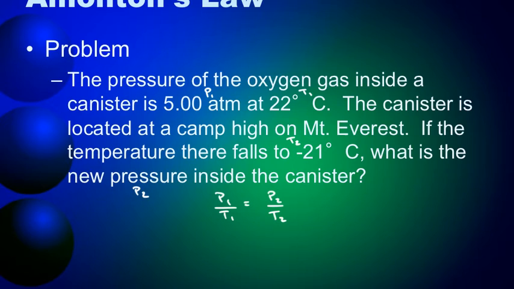We'll bring T2 up to the top on the other side, and we get P2 equals P1 times T2 divided by T1. Before we do that, we should change these values into Kelvin. 22 degrees Celsius is 295 Kelvin, and negative 21 degrees Celsius is 252 Kelvin.